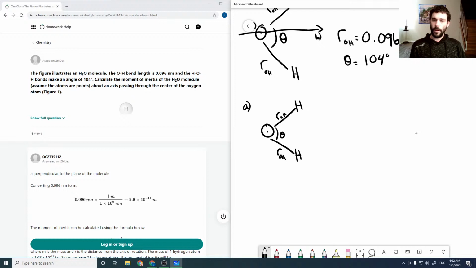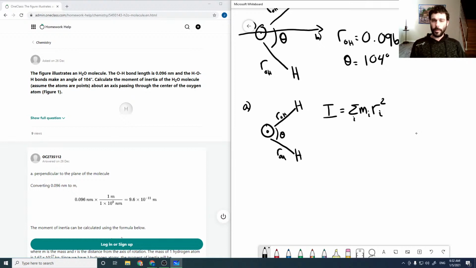Okay, so our moment of inertia is just the sum over each of the atoms, and we take the mass and multiply it by the perpendicular distance squared. So the perpendicular distance to the axis.